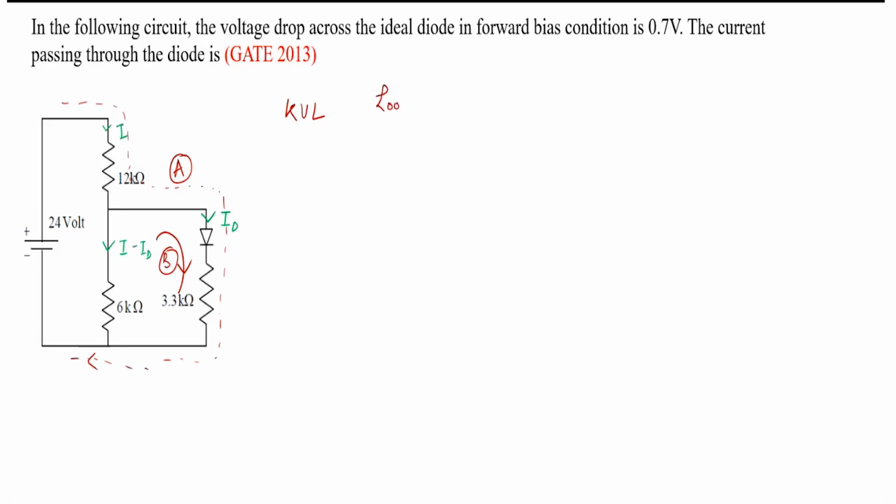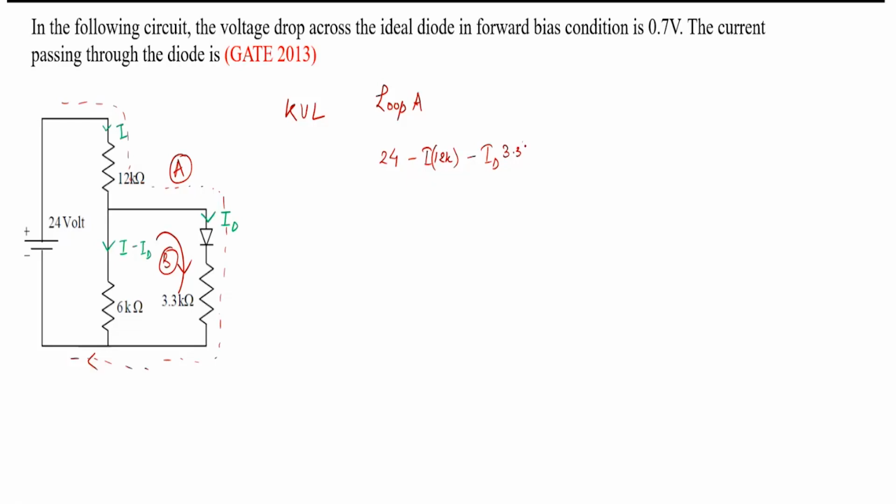Now for loop A, can someone tell me the equation? 24 minus I times 12 kilo ohm, very good, minus ID times 3.3K.